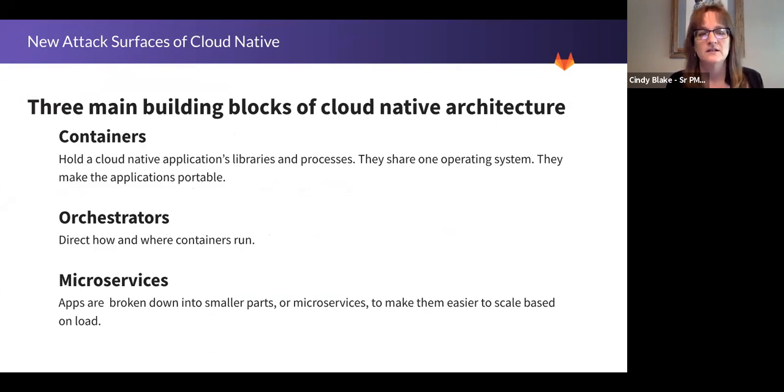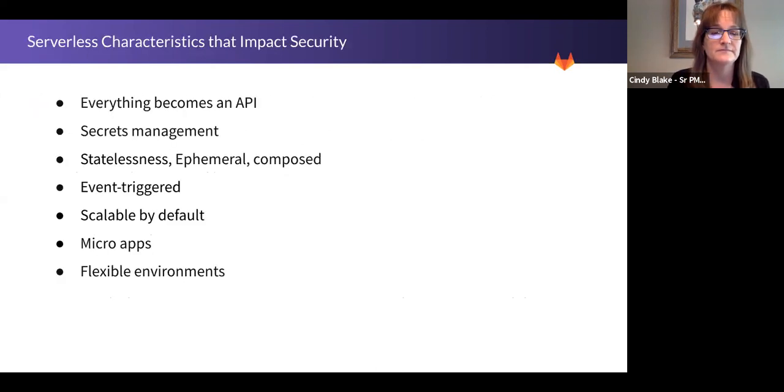In fact, the default settings for each of those are not the most secure defaults as well. So understanding what levers to pull, how they interact, how they work together, that's really an important new area for cloud native applications.